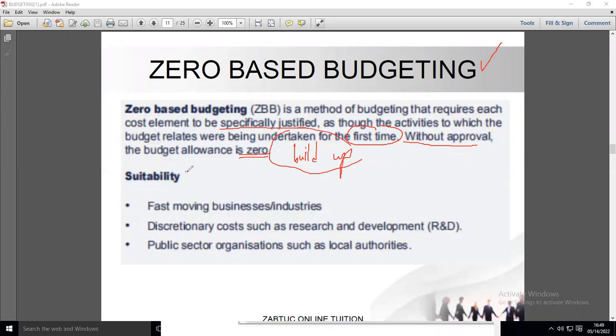So when is this approach good? Fast-moving businesses and industries where things are changing, you cannot assume that what we are doing currently is a starting point for next year.